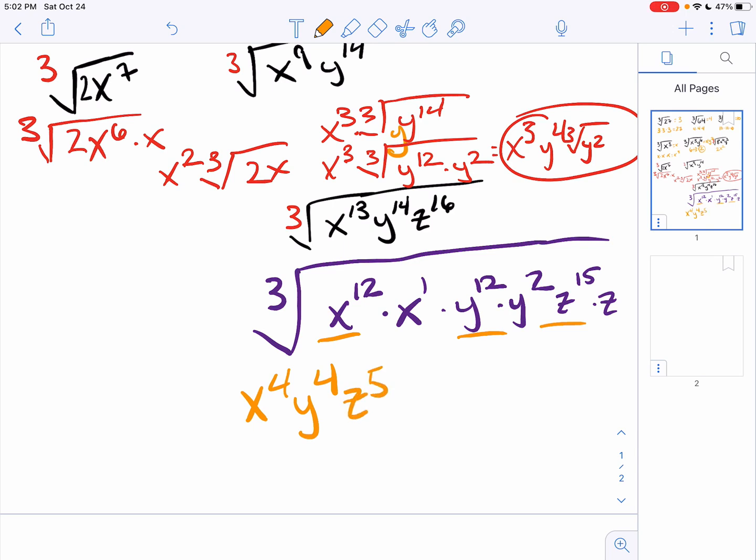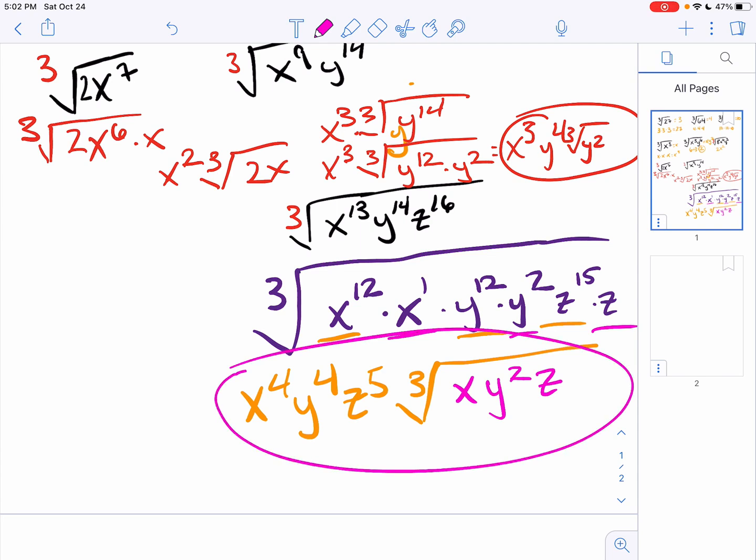So that's all on the outside. I still have my cubed root, though, because the terms left inside are not perfect cubes, so I can't do anything with them. So I'm left with this. All right.